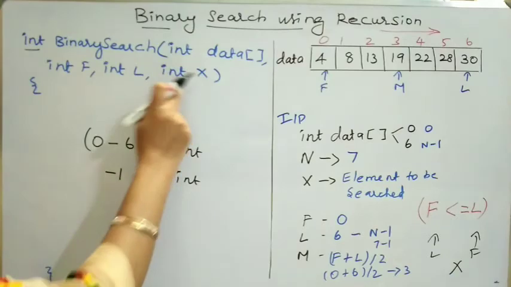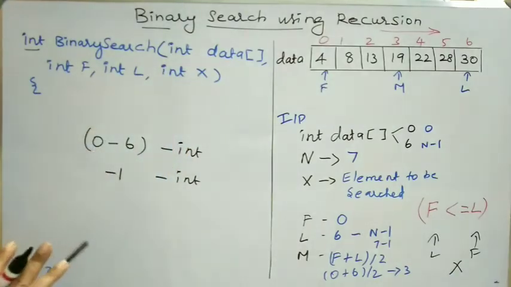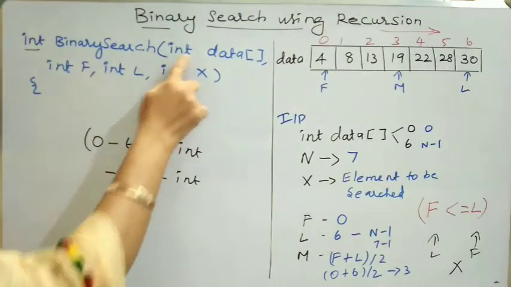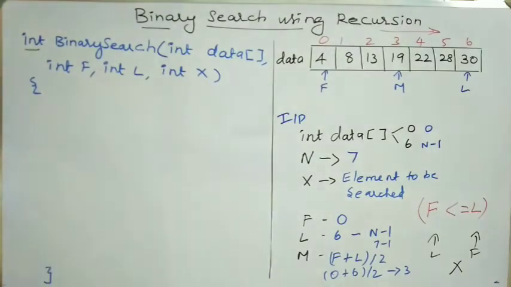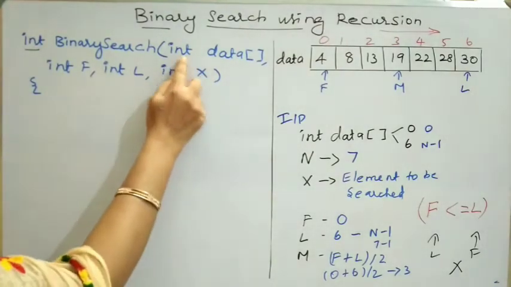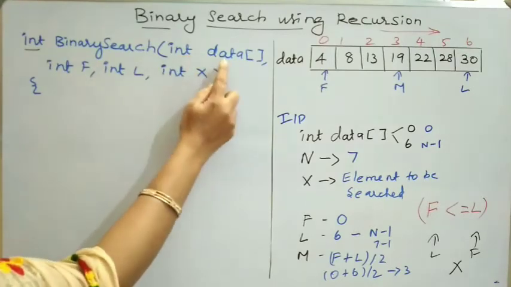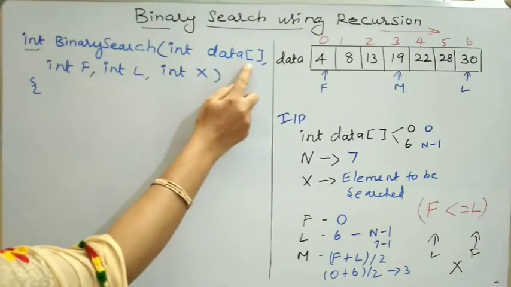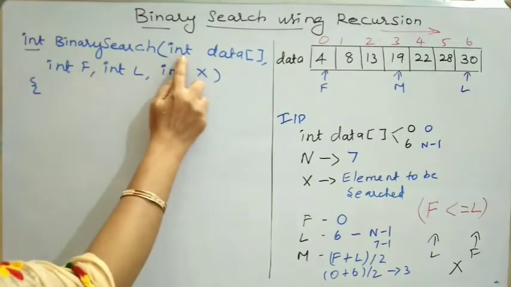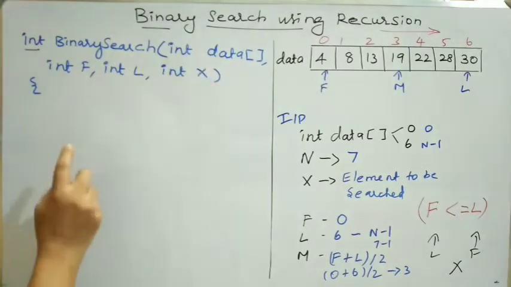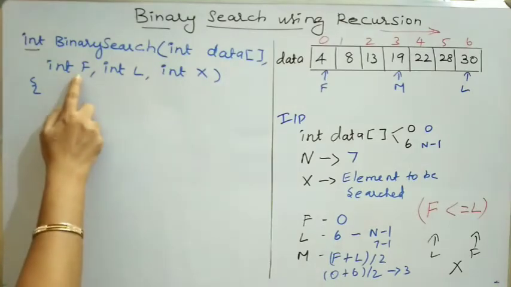And what are the parameters it is going to take? The first parameter to this binarySearch function is an integer array. The name of the array is data. This array bound specifies I am expecting an array of integer data type as the first parameter. The second parameter is variable f.